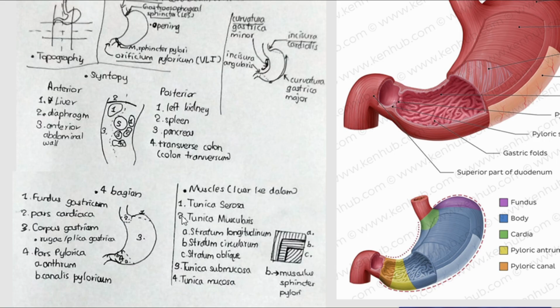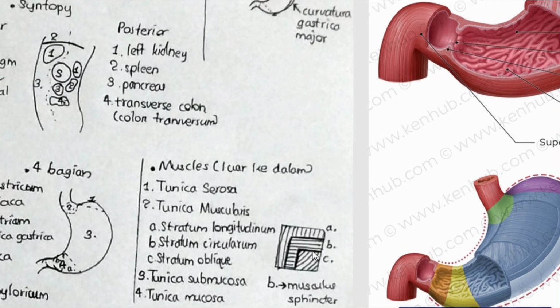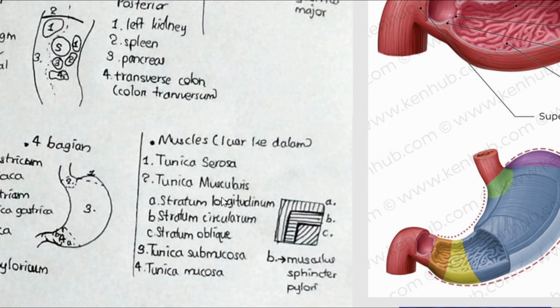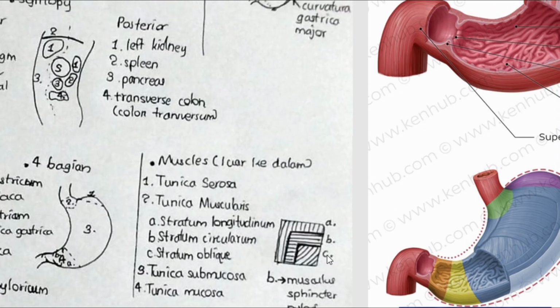So at the tunica muscularis, there are three types of muscles, which is stratum longitudinale, which is this one, and stratum circulare, which is this one, and stratum obliquum, which is this one. And the stratum circulare will later form the musculus sphincter pylori.